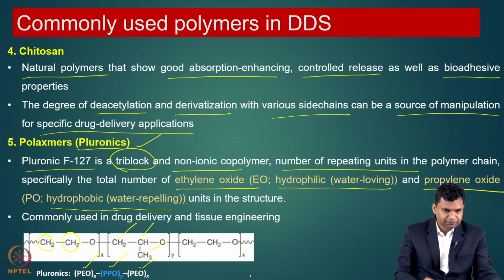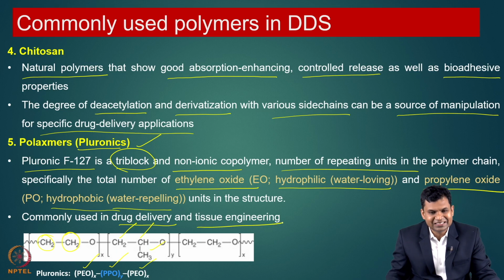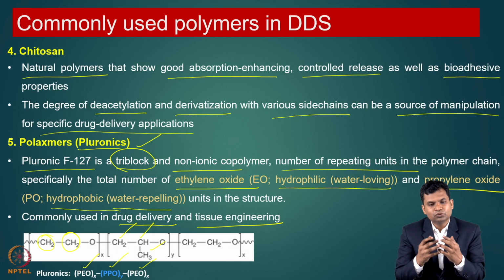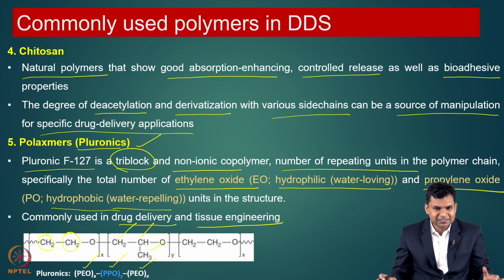This can also be used in various drug delivery and tissue engineering applications, and this polymer is also utilized as a stabilizer because of its low molecular weight. It also works as a temperature-sensitive polymer.